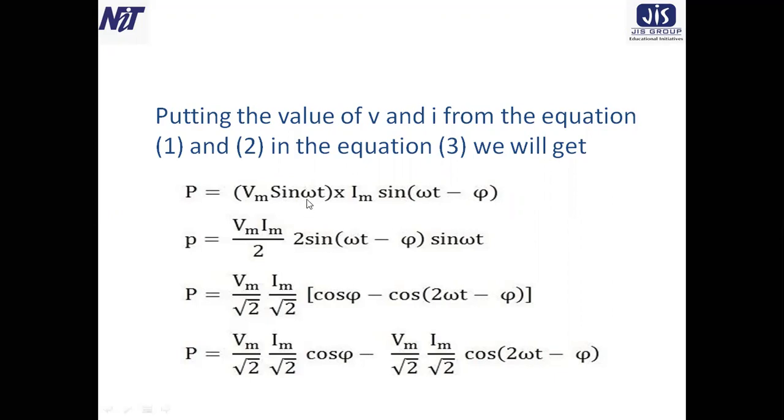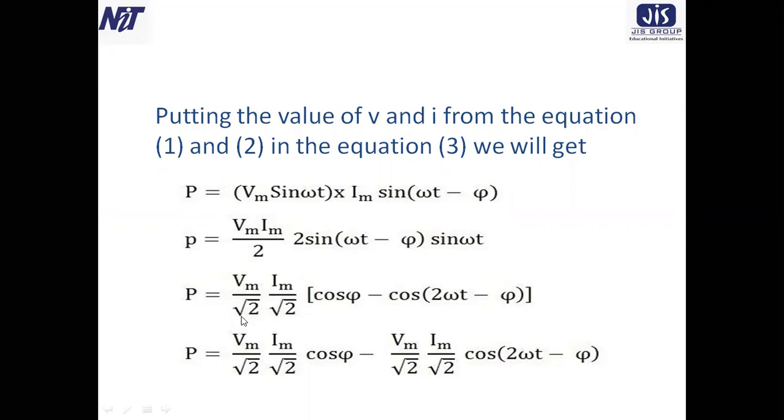So what is sin omega t into sin omega t minus phi? That equals 2 sin omega t sin omega t minus phi. This 2 is extra that we are taking, so we have to divide by 2.